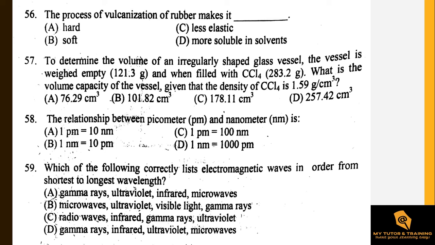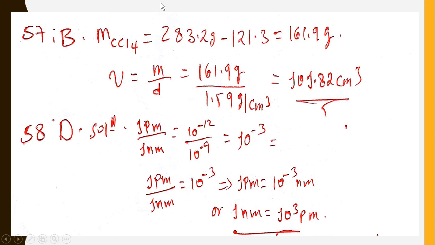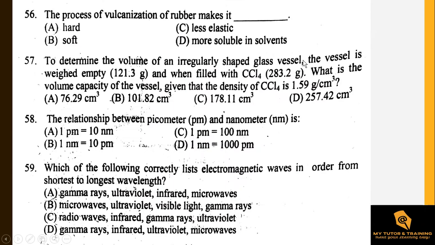ምንድነው የምታደርጉት? የካርቦን ቴትራክሎራይድ ማሱን ከኢኒሻሉ ላይ ቀንሱ፣ 283.2 ሲቀነስ 121.3 ስንት ይመጣል? 161.9 ታገኛላችሁ። ቮሊዩም ማለት ደግሞ ማስ ሲካፈል ለደንሲቲ ነው፣ because density is equal to mass over volume ነው አይደል የሚለው? ለቮሊዩም ሪአሬንጅ ስናደርግ ማስ ኦቨር ደንሲቲ ይሆናል። ማሱ ተሰጠን፣ ደንሲቲው ይታወቃል፣ ከዛ በኋላ ስታካፍሉ 101.82 ታገኛላችሁ። 101.82 ምርጫ ውስጥ አለ፣ በጣም በትክክል B ላይ ታገኛላችሁ.